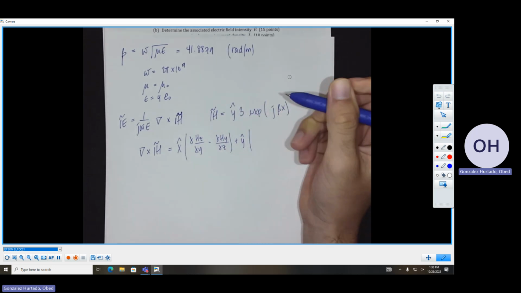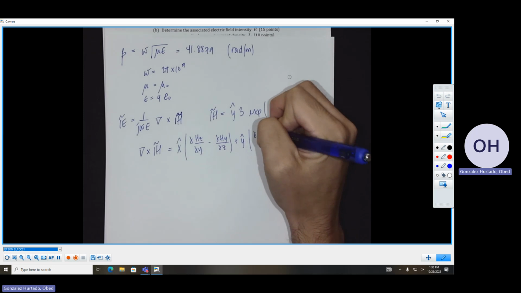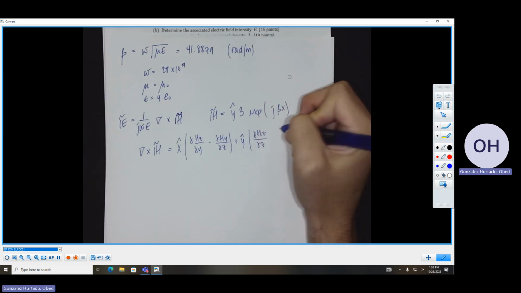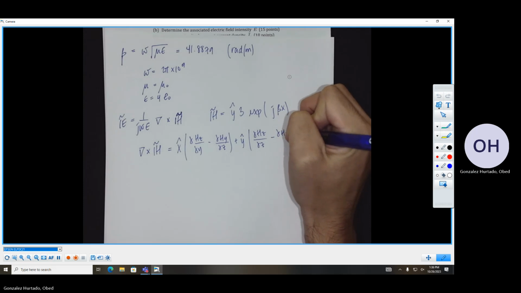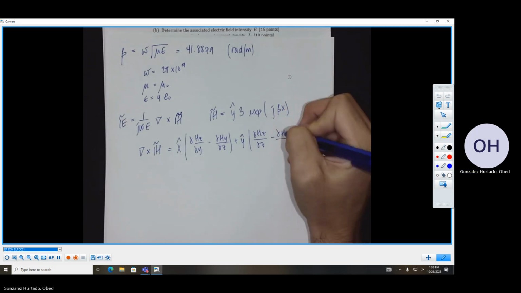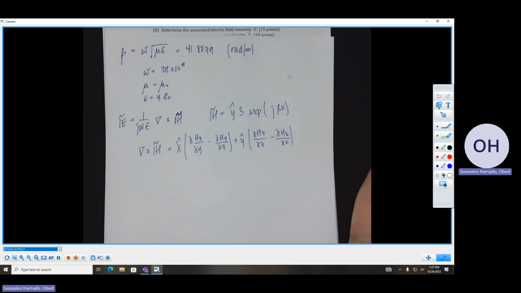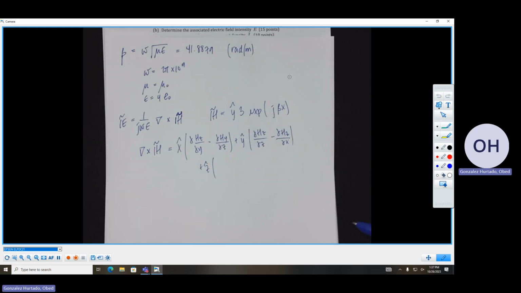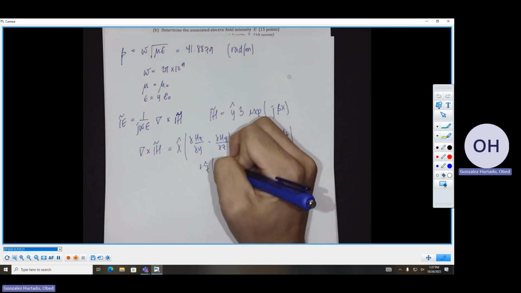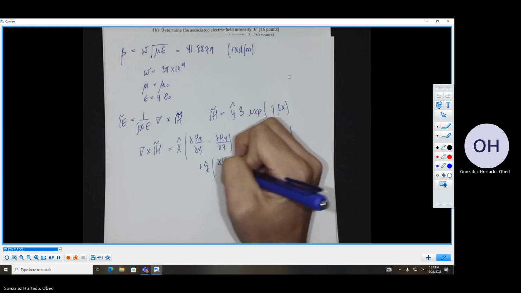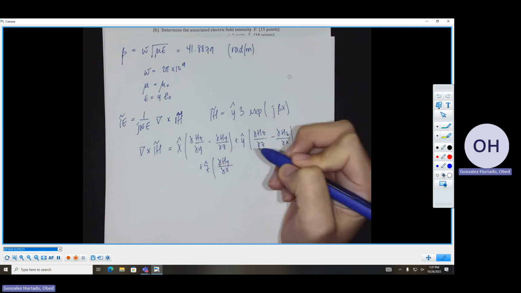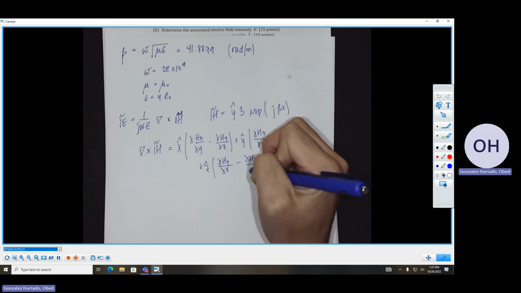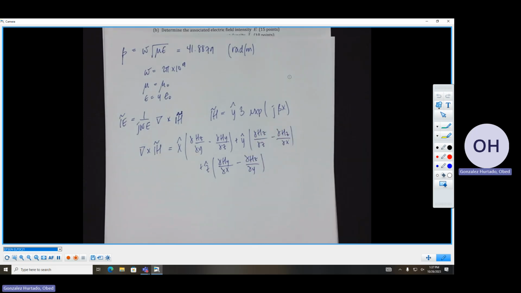People say there's a negative, but the negative distributes inside. Oh, I ran out of room. It still continues. I hope I did not mess it up.